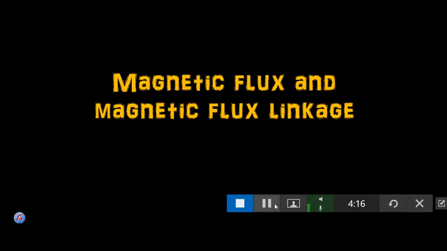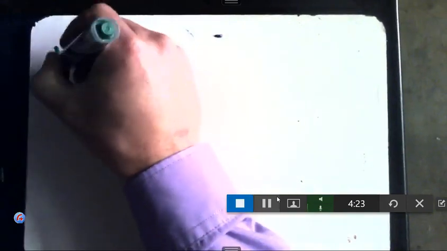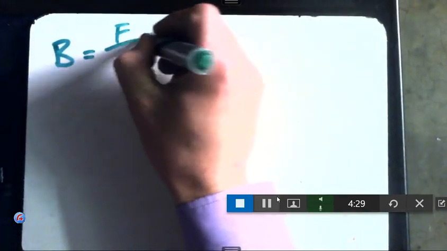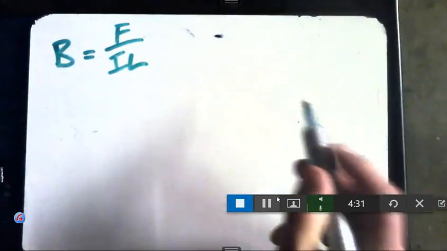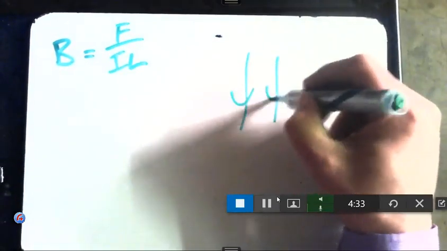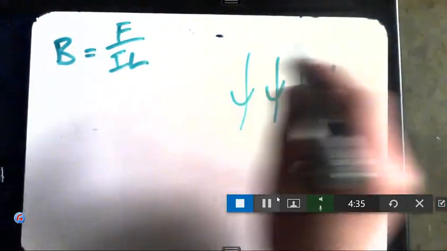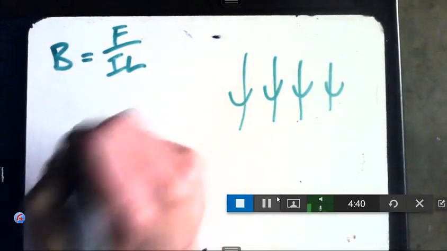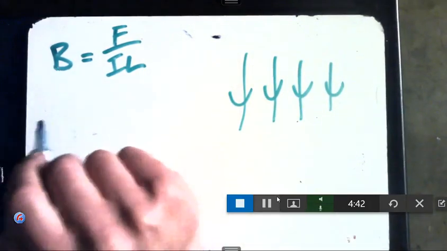So now we'll be looking at magnetic flux and magnetic flux linkage. In our previous chapter, we spoke about the magnetic flux density, which is basically the amount of magnetic field lines that are flowing. That's the magnetic flux density.